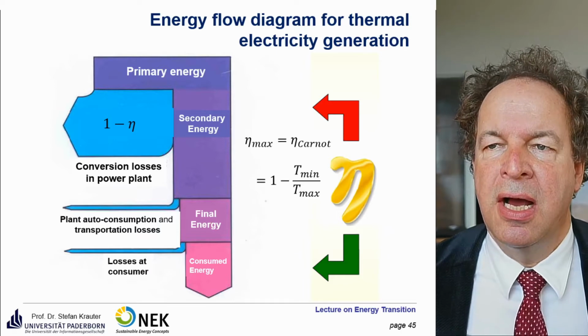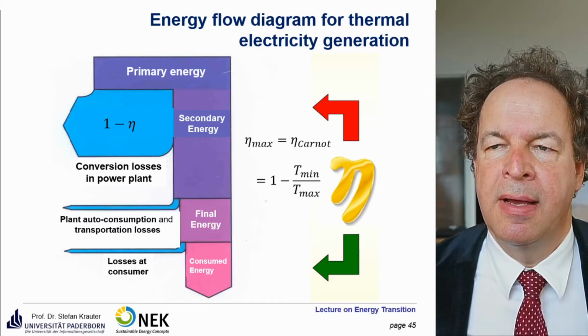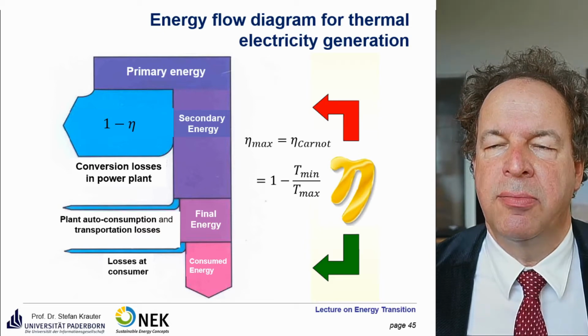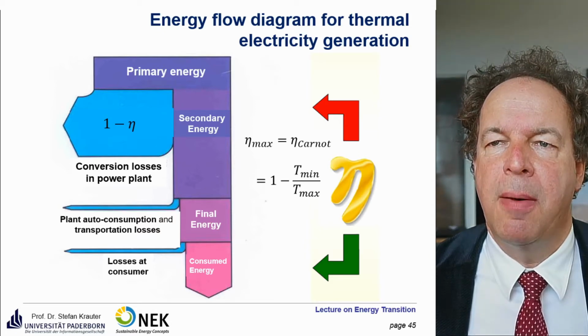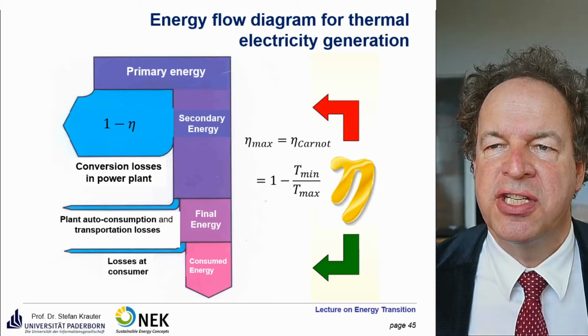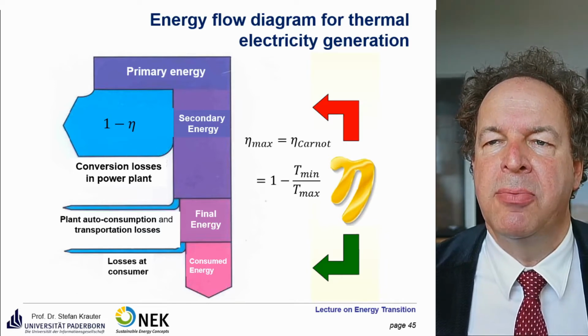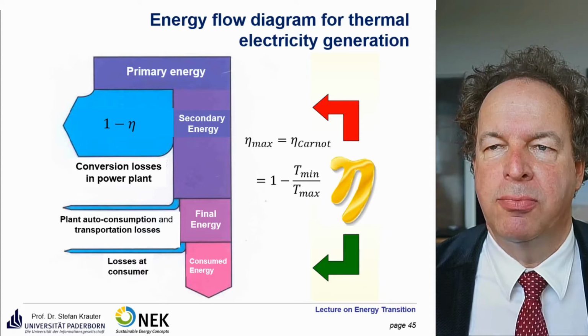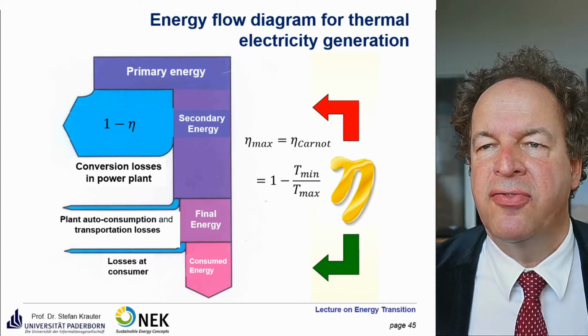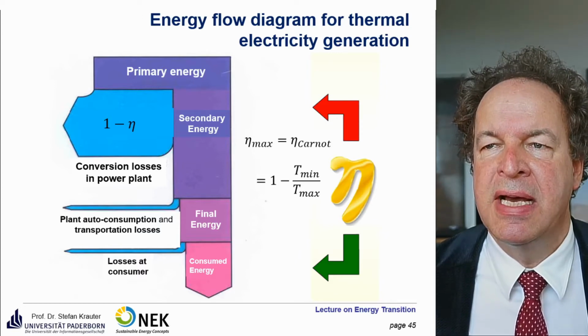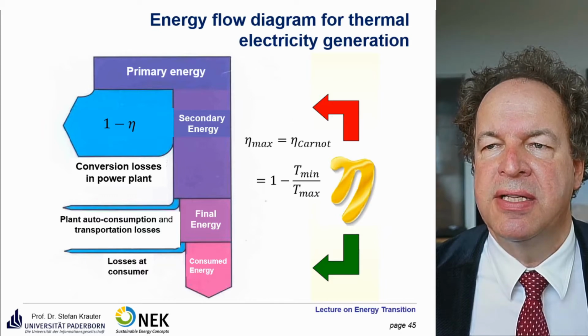I mentioned here the maximum conversion efficiency of thermodynamic machines is given by the so-called Carnot efficiency. That is 1 minus the minimum temperature divided by the maximum temperature. The higher the difference between minimum and maximum is, the closer it is to 1.